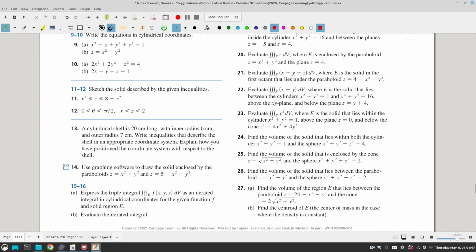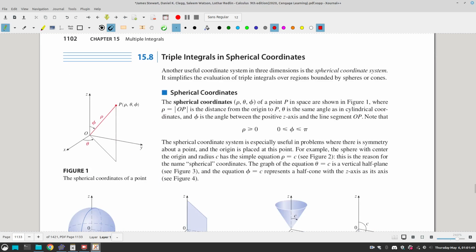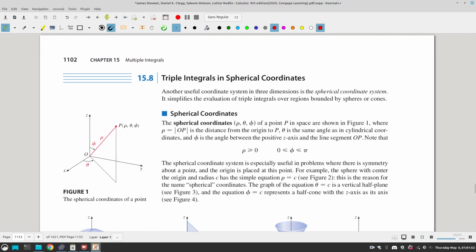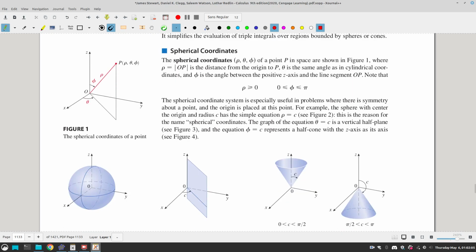Okay, another example of another important coordinate system we will look at is spherical coordinates. Doing triple integrals in spherical coordinates. Now, in spherical coordinates, any point can be given by a length rho. Rho is the distance from the origin to the point itself.